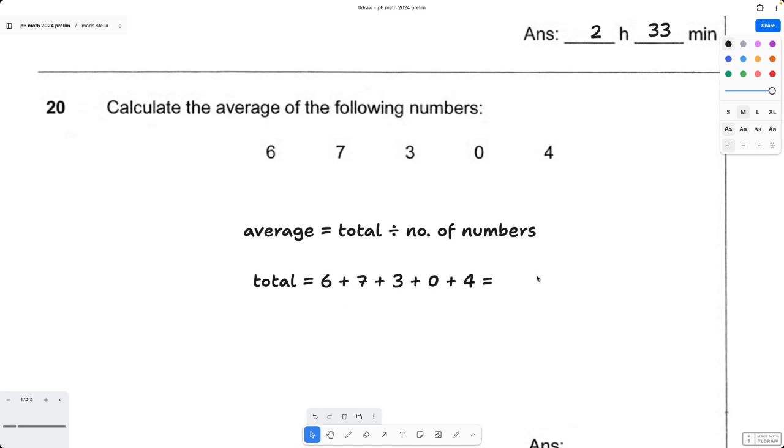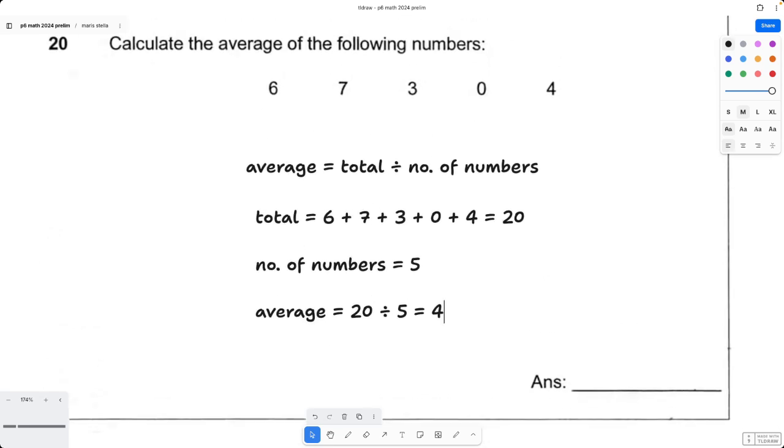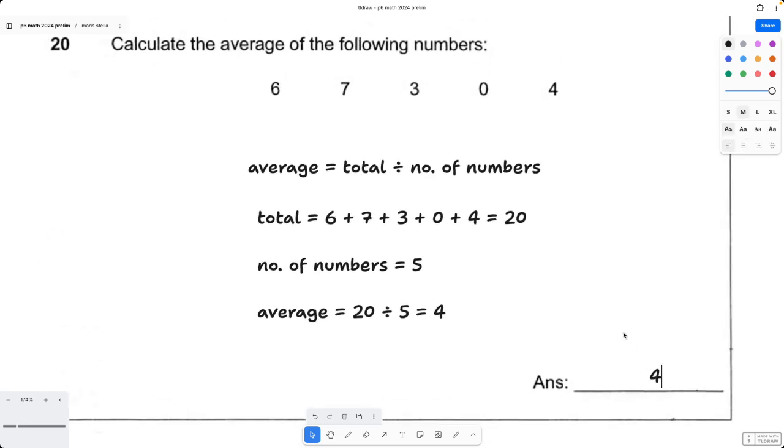So 10, 10, 20. Then the number of numbers is 1, 2, 3, 4, 5, so 5. So average is equal to 20 divided by 5, which is 4. That's the answer. Okay, the answer is 4.